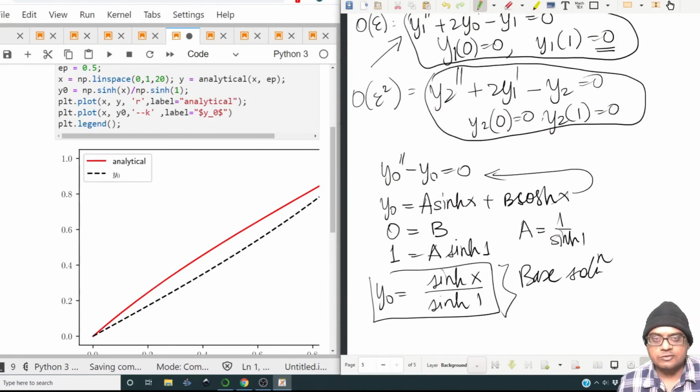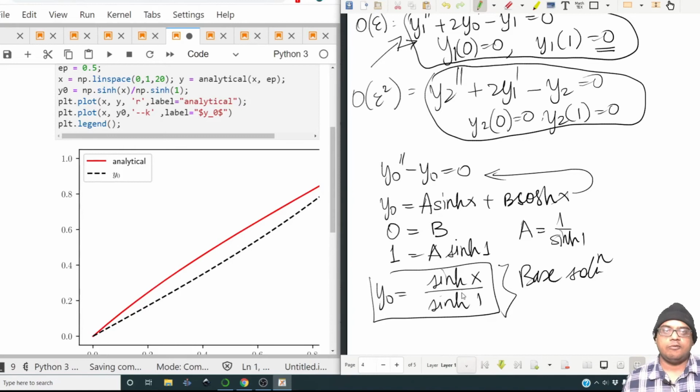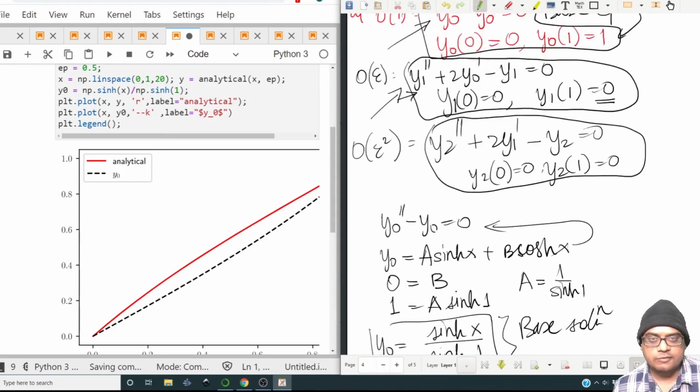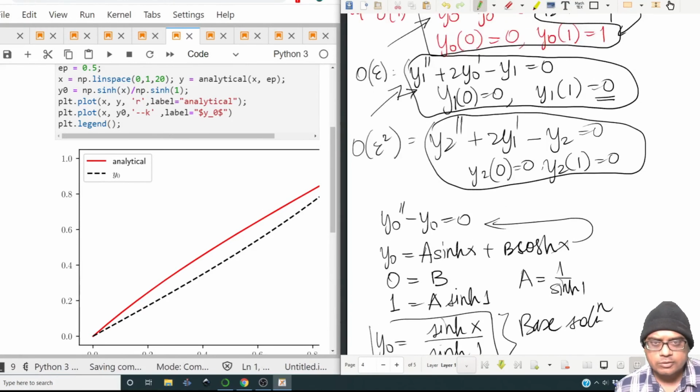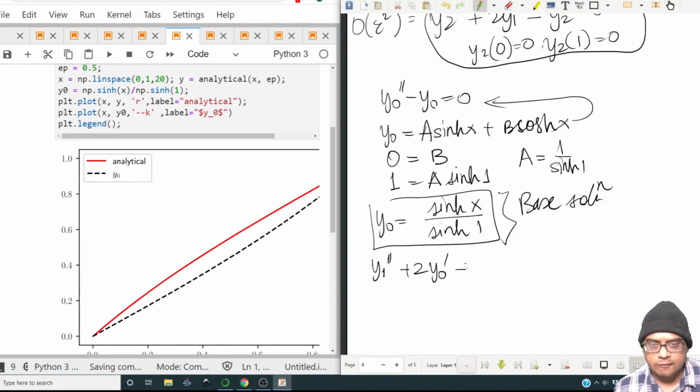Wow. So we have this base solution which is arguably very easy to obtain, and now what we can do is use this equation to find what y1 is going to be. So let me write down the equation for y1: y1 double prime plus 2y0 prime minus y1 is equal to 0.